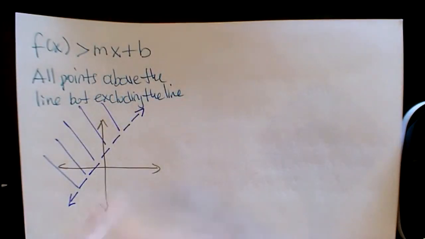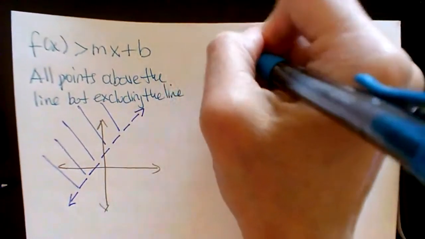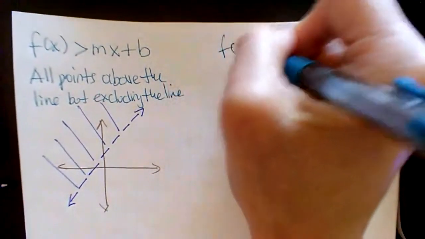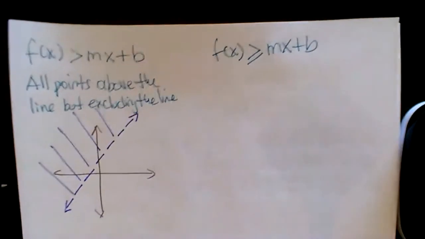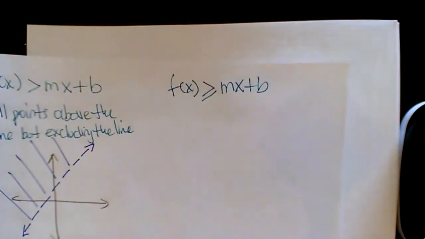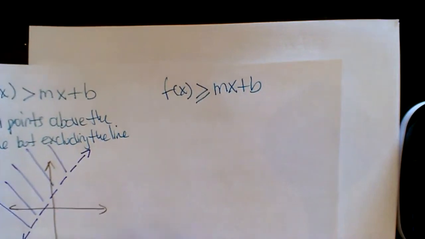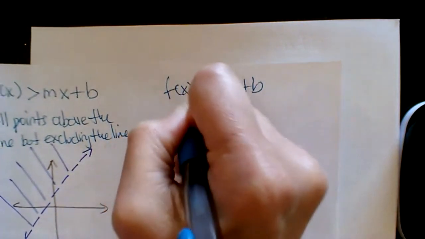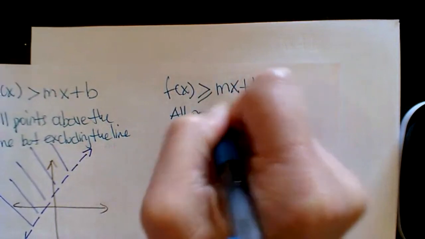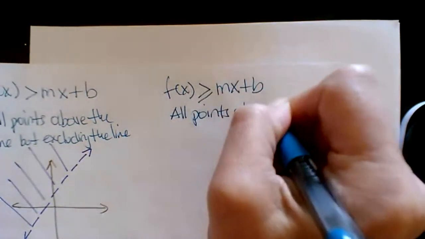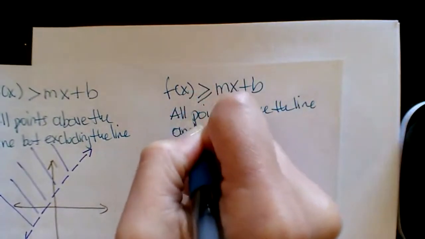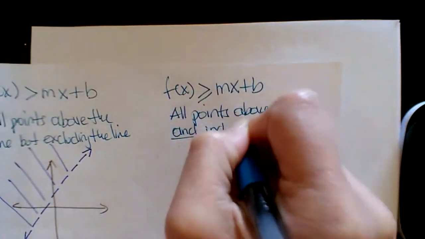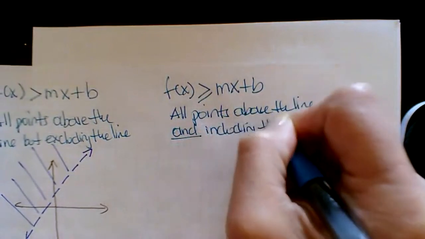All right? Now, if we have f of x greater or equal to mx plus b, so this is going to be all points above the line and including the line.